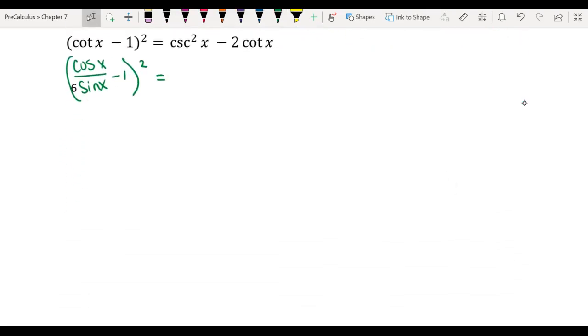Does anyone have any idea on what I should do next? Yep, multiply the 1 by sine. So you get cosine of x minus sine of x all over sine of x, that quantity squared. What do you think we should do next?